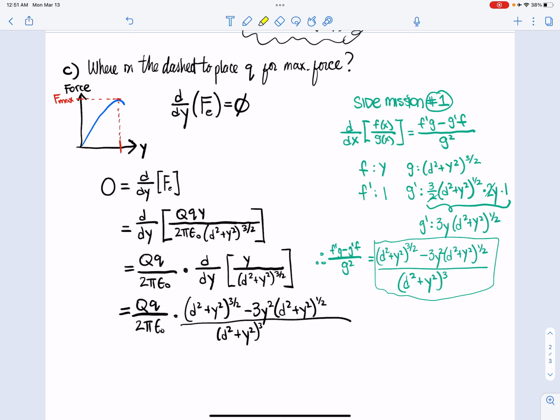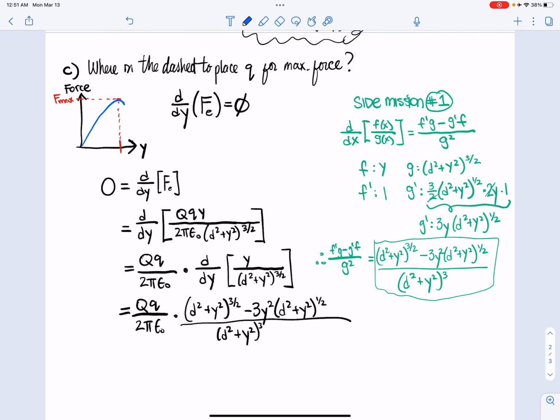And I'm going to simplify this by getting rid of these constants. So I'm going to basically multiply both sides of the equation by the reciprocal of this. And remember, the other side is just 0, so I can multiply it by anything and it'll still be 0.